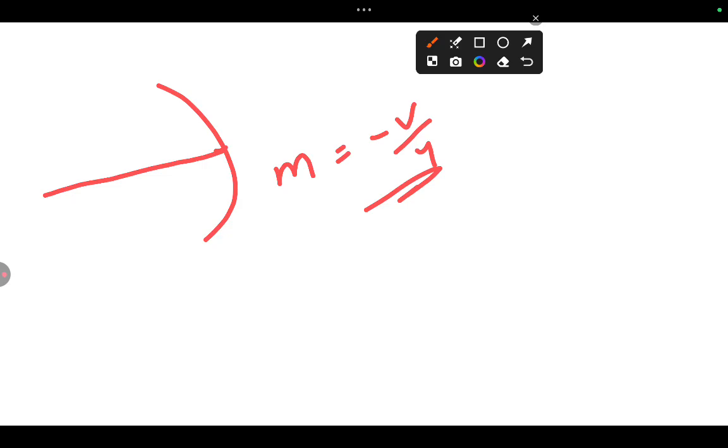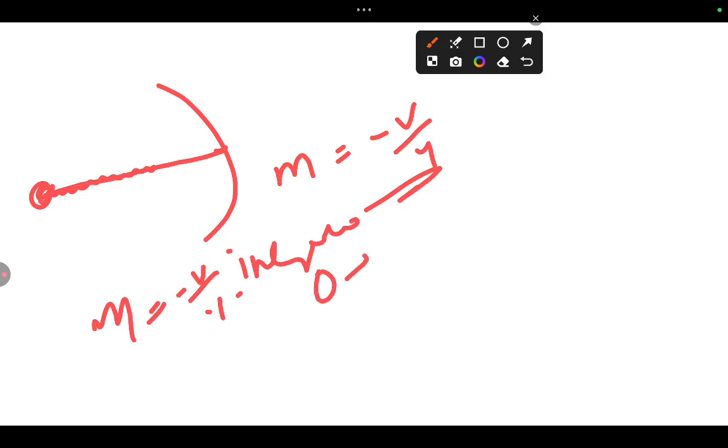So here we will consider m from 0 up to 1. As the object approaches the center of curvature, the magnitude of magnification, minus v by u, increases, as we know very well, from 0 to 1.